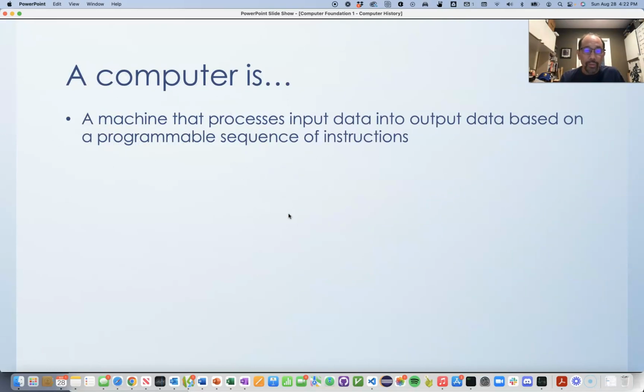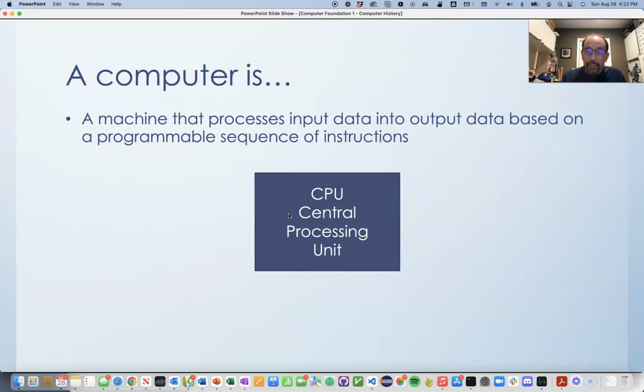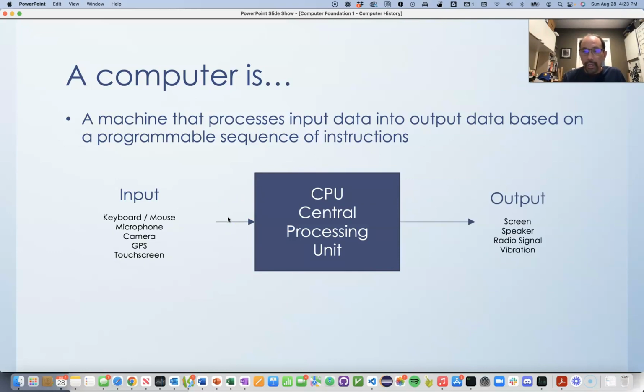So let me define this word computer. This is the way we'll define it in this class. It's a machine that processes some sort of input into some sort of output according to some programmable set of instructions. So the inputs here could be your keyboard that you're typing on, the mouse that you're moving, a microphone I'm talking into, camera, GPS, touchscreen.